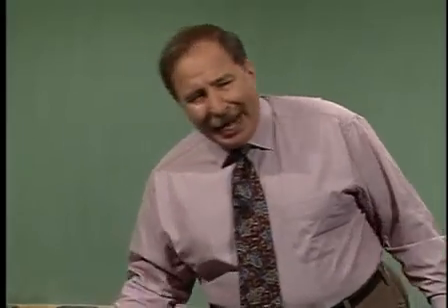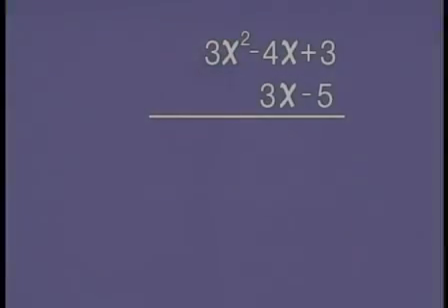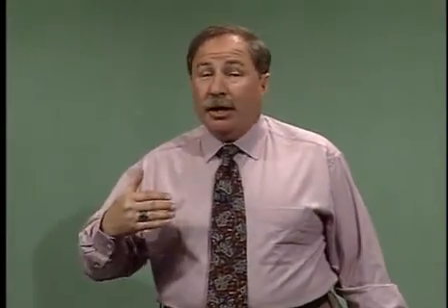Okay. Now, let's take a look at a multiplication problem in polynomials that's not very different from a multiplication problem you might have done in, let's say, 4th grade. The next visual shows you 3x minus 5 times 3x squared minus 4x plus 3. To me, this is no different than multiplying a 2-digit number by a 3-digit number.